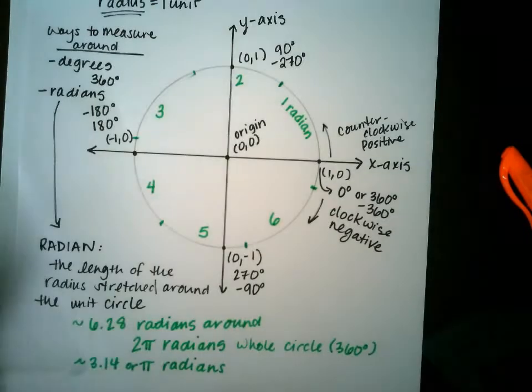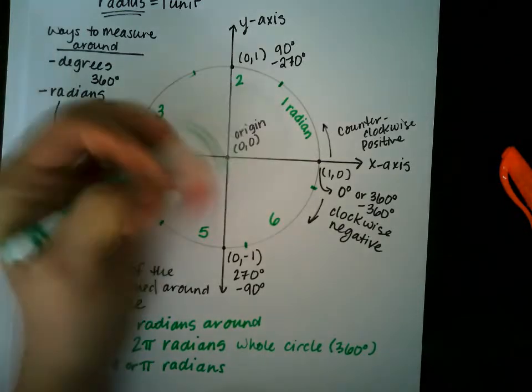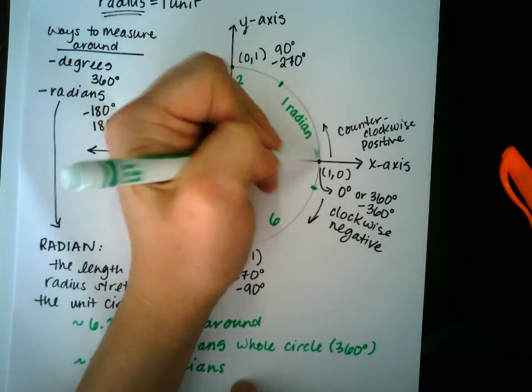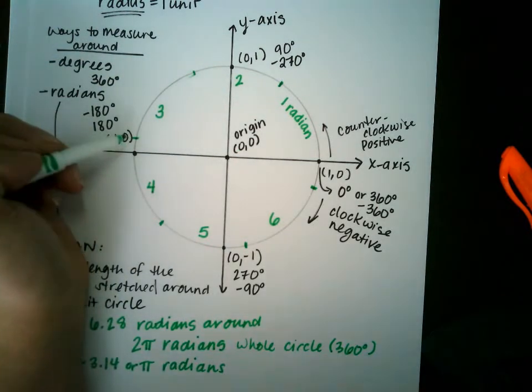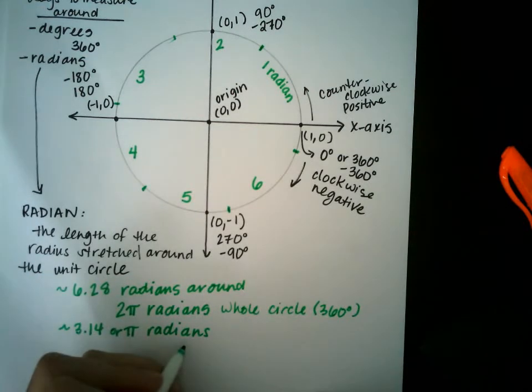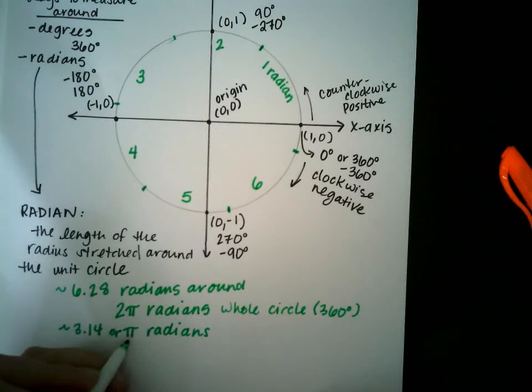So how it was created was that they discovered that the radius went around the edge of the circle exactly 3.14 and so on forever times, and so they decided to call it pi, 3.14. They thought it would be easier to have this to represent it instead of writing all of these digits.